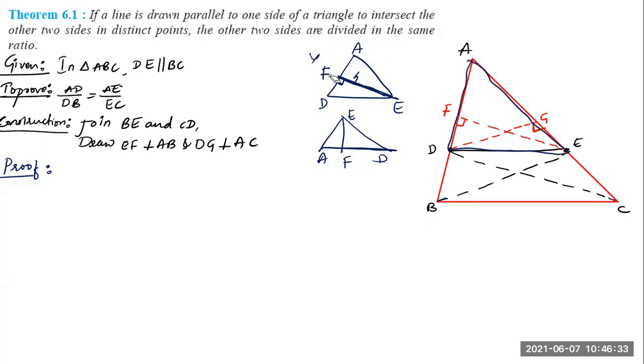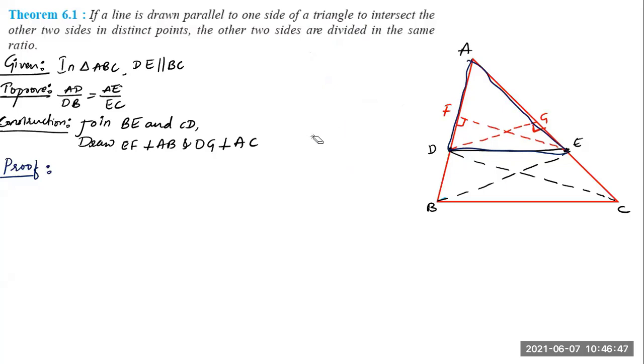So I am considering triangle ADE, and there AD is the base of the triangle, and EF is the height of the triangle. So at that time, what is the area of triangle ADE?